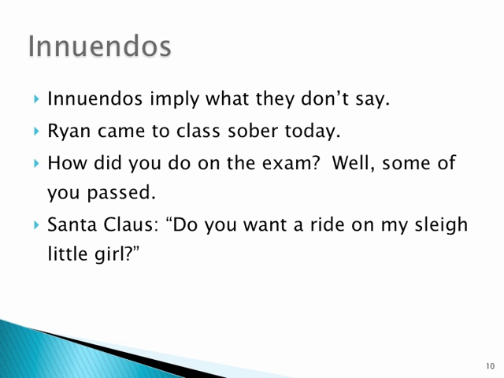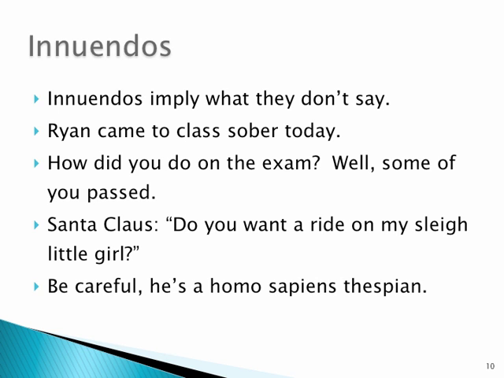All right, here are some sexual innuendos. That's maybe where the word innuendo is more familiar. I apologize for these, they're a little crude. "Do you want to ride on my sleigh tonight, little girl?" All right, so the gross sexual connotation there. "Be careful, he's a Homo sapiens thespian, right?"